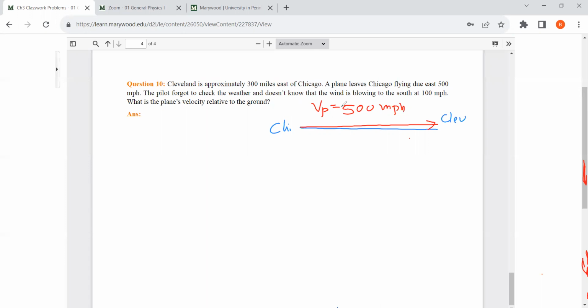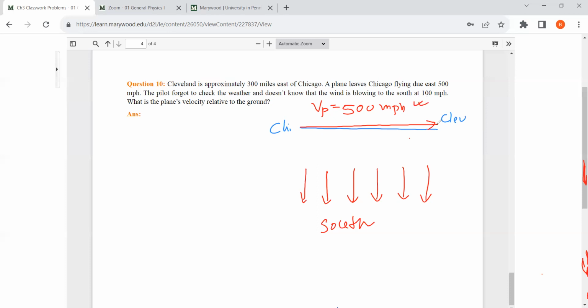The thing is, the pilot forgot to check the weather and does not know that the wind is blowing to the south at 100 miles per hour. So you know that the wind is blowing in this direction, this is the south. That means wind is also affecting the plane's velocity, right? So this is the plane's engine velocity.